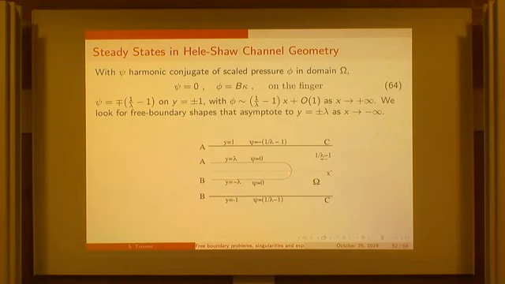And these are the conditions on the stream function, psi, which is the harmonic conjugate of phi, because the Neumann condition translates into a condition on the tangential derivative of the conjugate harmonic function, and that can be integrated, and that gives rise to this condition.